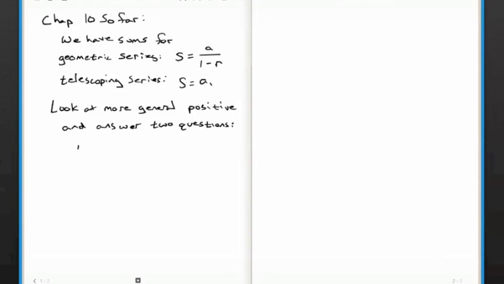One, does it converge? That's an important question. And two, maybe even more importantly, what is the sum? It's important to keep in mind that these are two separate questions. The second one relies on the first. Does it converge? We'll try to answer that yes or no. And if so, what is the sum? These are the two questions we're going to look at today.